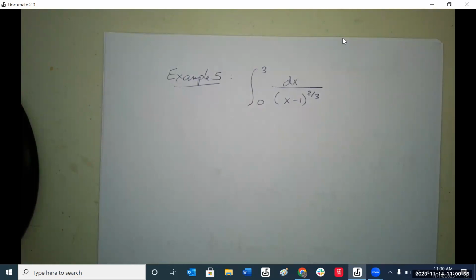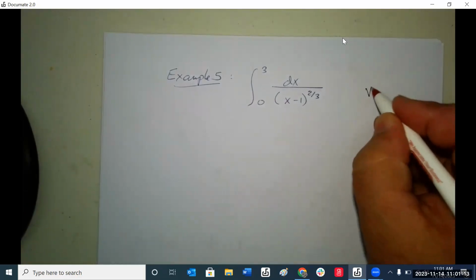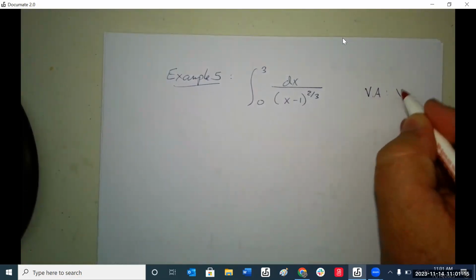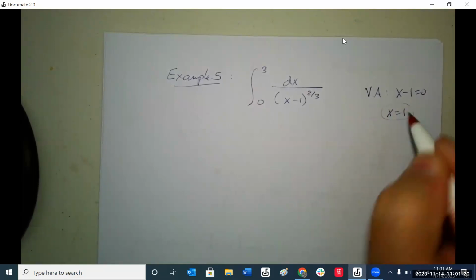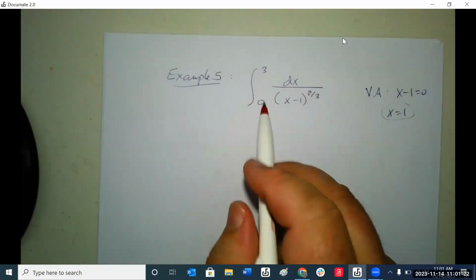We're given 2/3. So which one doesn't satisfy? We have a vertical asymptote at 1. And that's the intermediary point here.